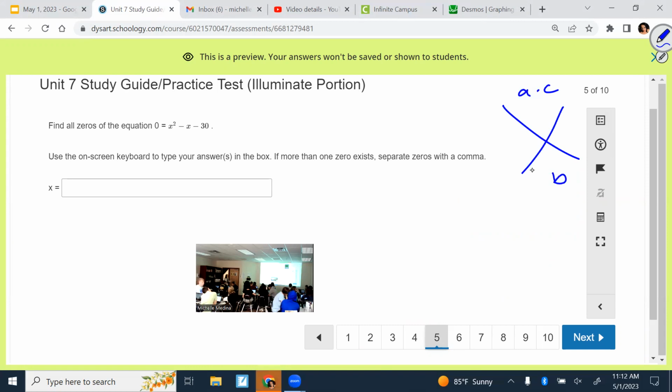What's my a times c in this one? Table 4, can you tell me? Negative 30, good. 1 times negative 30. Table 5, what's my b? And I'm looking for 2 numbers that multiply to negative 30, but add to negative what, class?